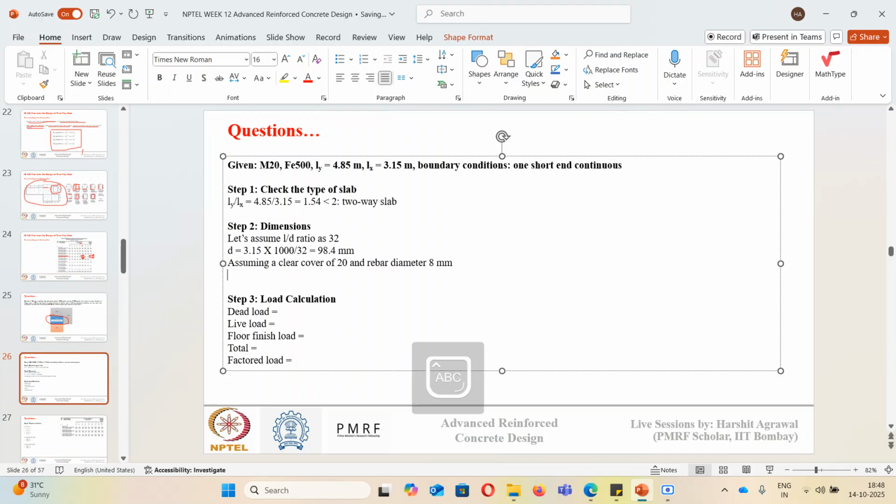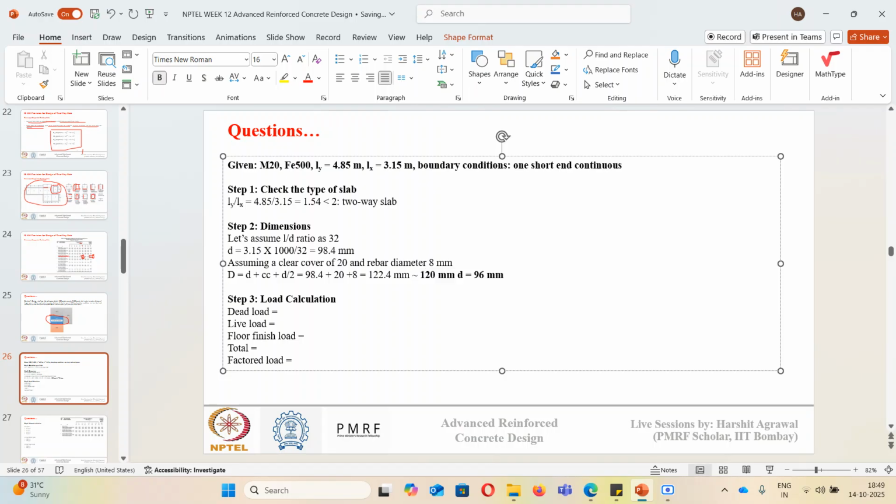So we can calculate total depth as effective depth plus clear cover plus diameter of rebar by 2. This will be 98.4 plus 20 plus 8, so it will come to around 122.4 mm. Rounding it off, I will take the total depth as 120 mm. If I take the total depth as 120 mm, my effective depth will become equal to 96 mm. So these are the values that we'll use.